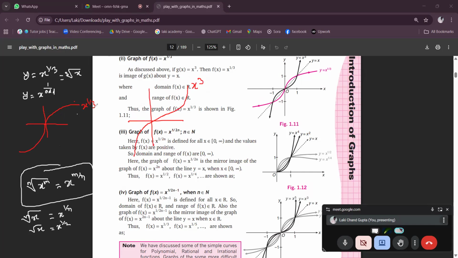And this is the graph of x raised to one third. They are not the same. It looks like this for one third, and it looks like this for cube. Both are different. So write both graphs and don't confuse them.